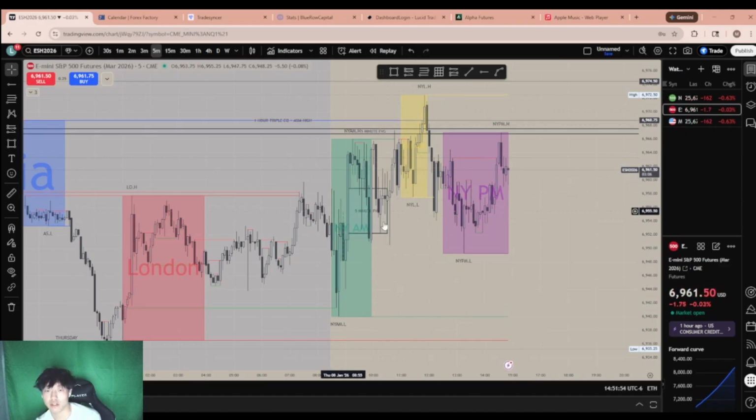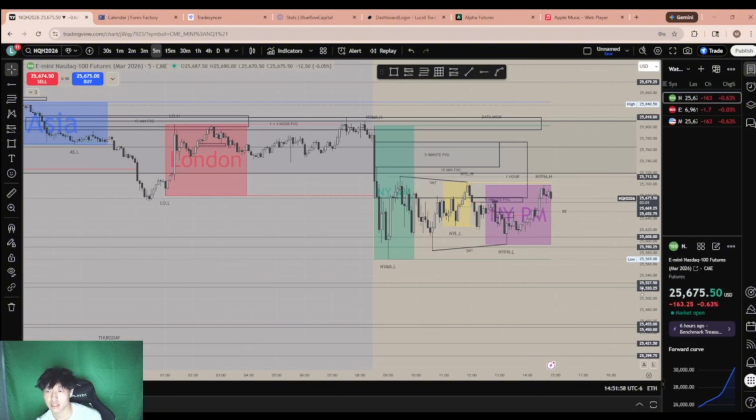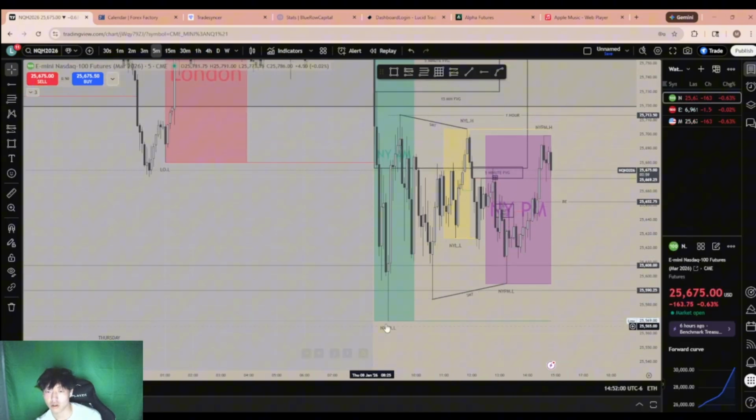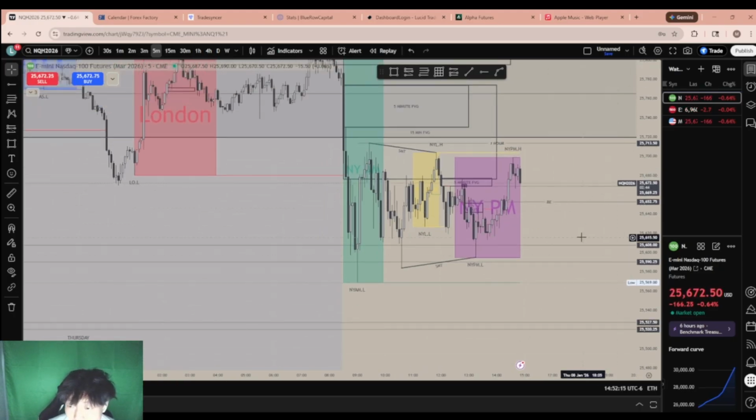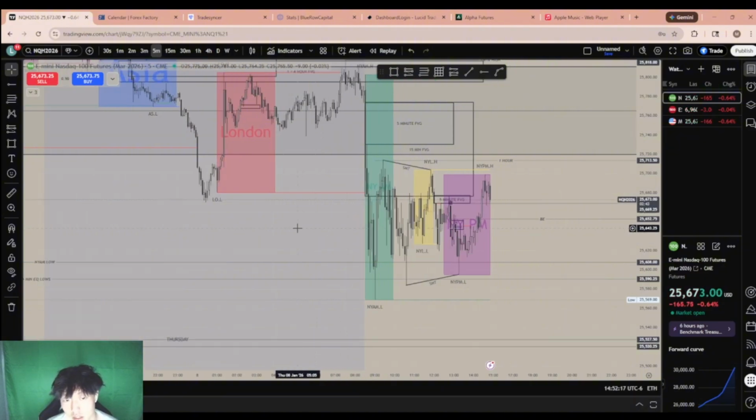It didn't have to move much just to take out this liquidity right here. But the Nasdaq kind of did because it has these large wicks. But yeah, unfortunately there was another SMT at the bottom, and we got a reversal out of it. So that's kind of just how SMTs work.